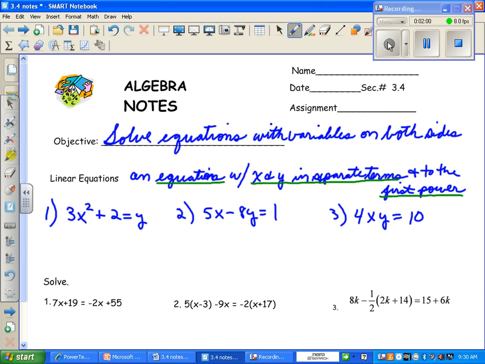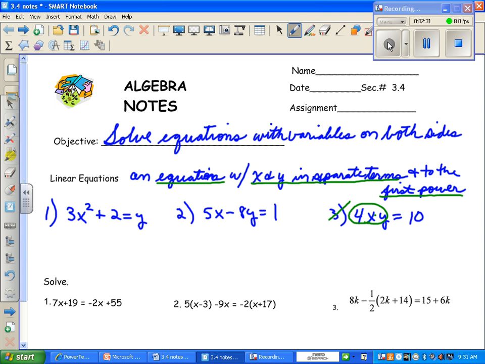Alright, so according to the definition, you want an equation, and all three of them are equations. Second part of your definition, you want the x and y in separate terms. So separate terms means they're separated by addition or subtraction signs. So that works for the first one, it works for the second one, but it does not work for the third one because this is considered one term. There is no addition or subtraction sign between the x and the y. So this one would not be linear.